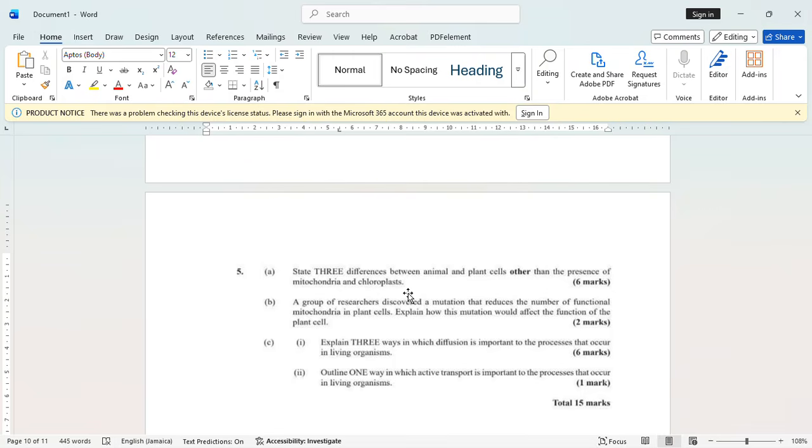So the vacuole in the plant is usually permanent because it helps with the turgidity, and it's filled with the cell sap, while that of the animal is usually temporary, and sometimes they don't even have any. Irregular shape for the animal cell, and plants usually have a fixed rectangular shape. And again, this is due to the presence of the cell wall.